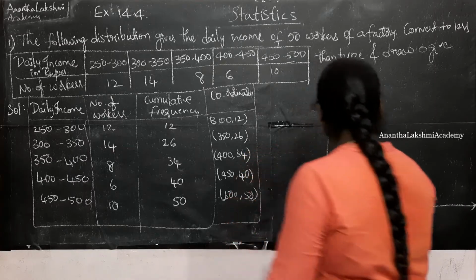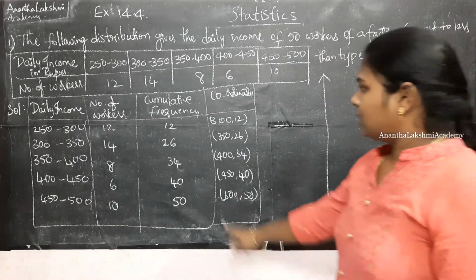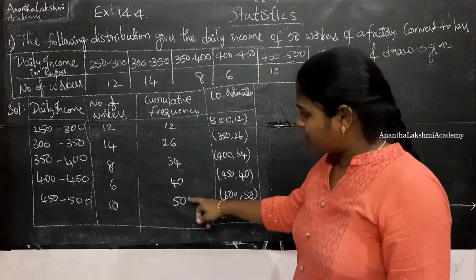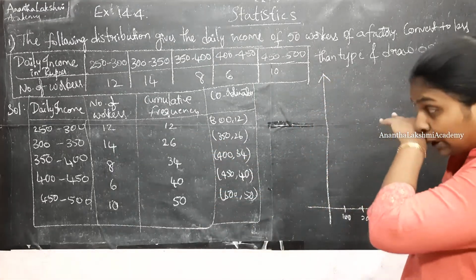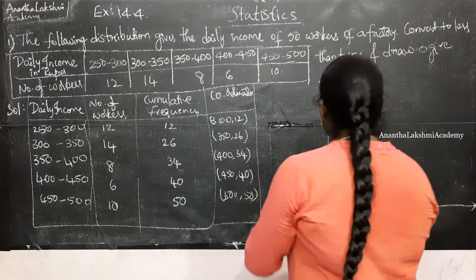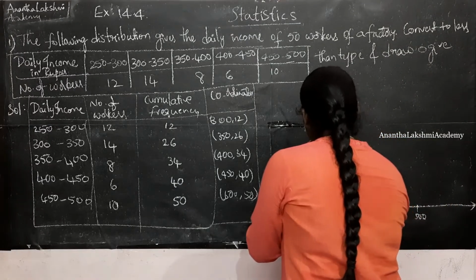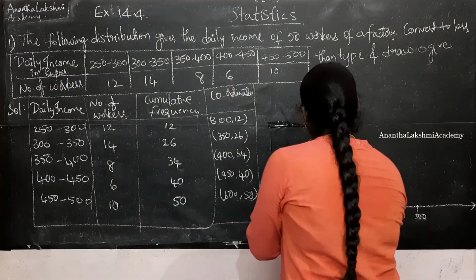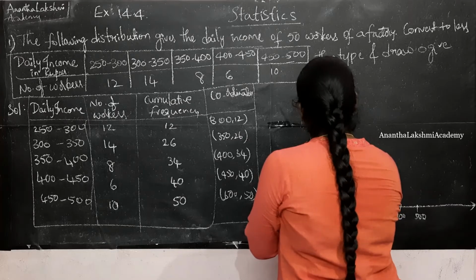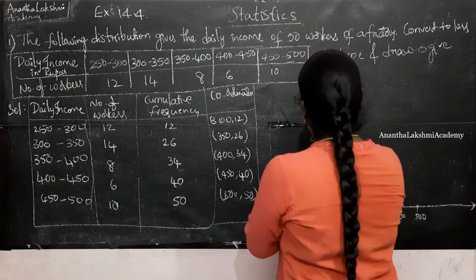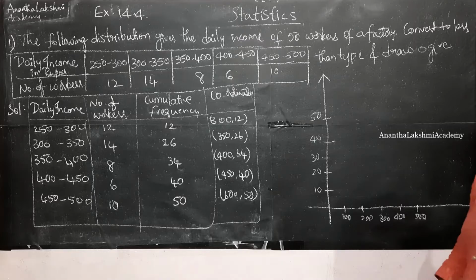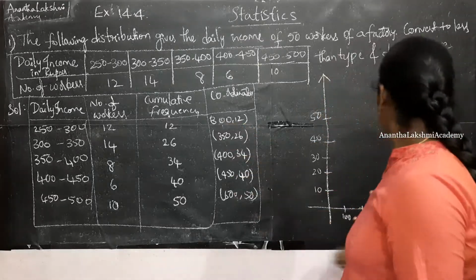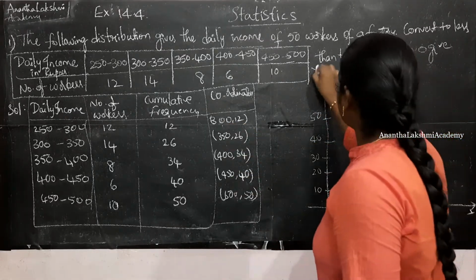All right. And here from 12, 26, 34, 40, 50. So let me consider a scale of 10 on y-axis: 10, 20, 30, 40 and 50. Okay. What is the first one? 300. This is x-axis and this is going to be y-axis.